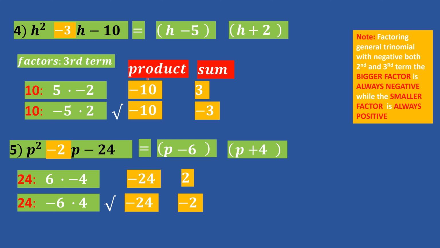See the 5 and the 2, the bigger is 5, so it's negative. In number 5, the 6 and 4, the bigger is 6, thus it is negative. The bigger factor is always negative while the smaller factor is always positive. I hope you note that.